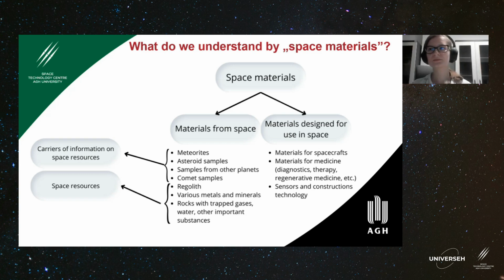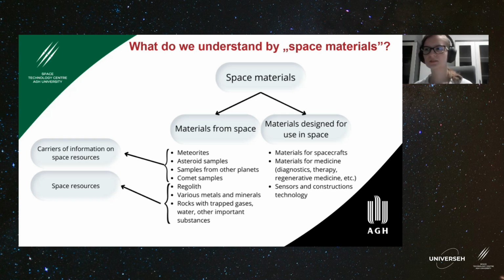There are also types of space materials that we could consider space resources, because not only do they carry information about their parent bodies, but they also can be used in a potentially industrial way. Such space resources are, for example, regolith, which is probably the most talked about space resource, I could say.